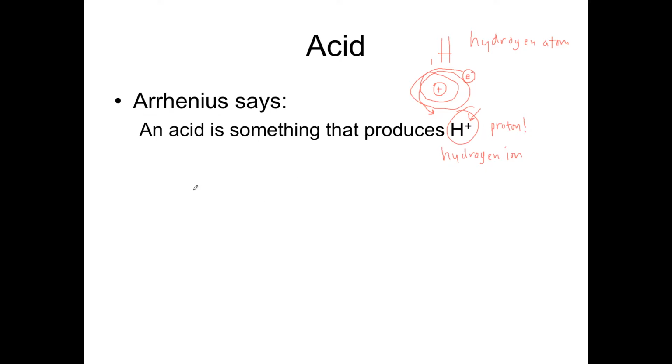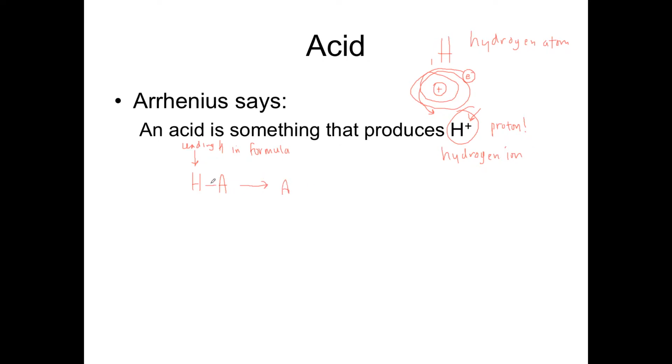Now, the way that you've seen this in chapter 3, section 5, and in my conversations, I've said, suppose we have an acid. The way that you're going to know something is an acid is if it has a leading hydrogen in the formula, or if its name is acid. If you see HA, what's going to happen is this is going to go off.